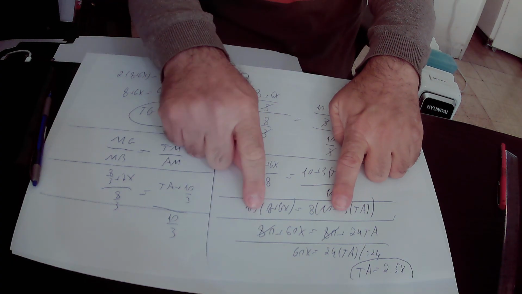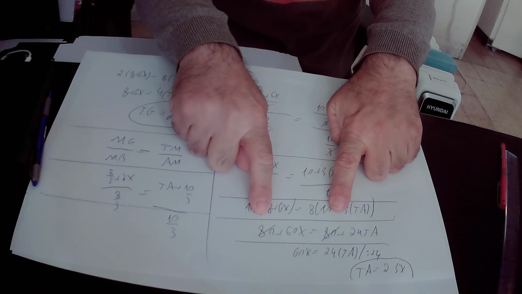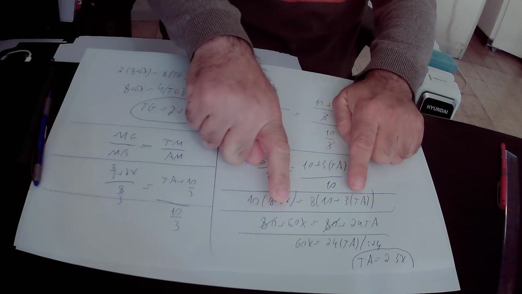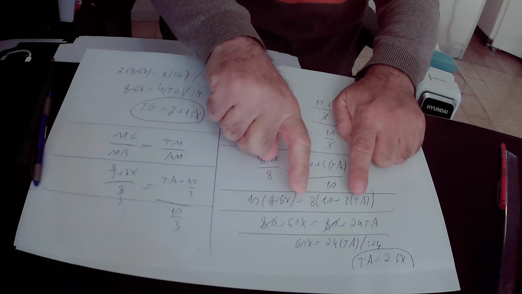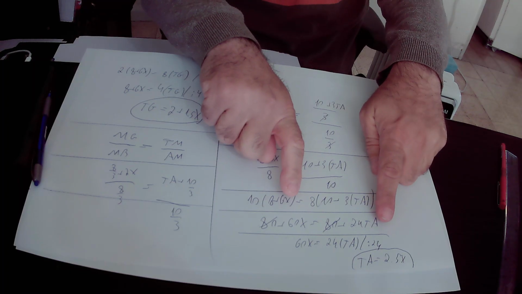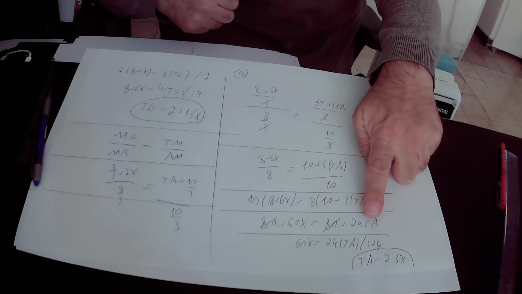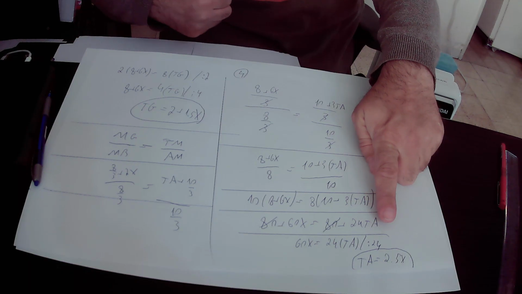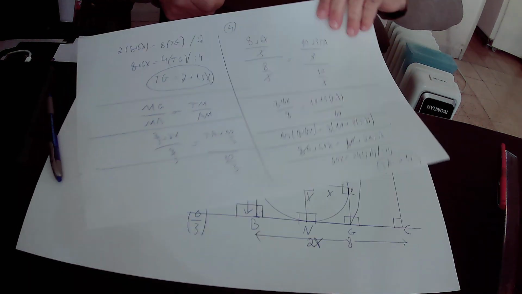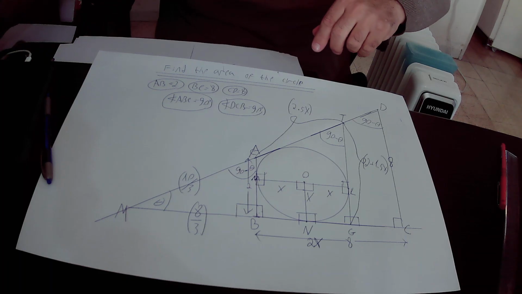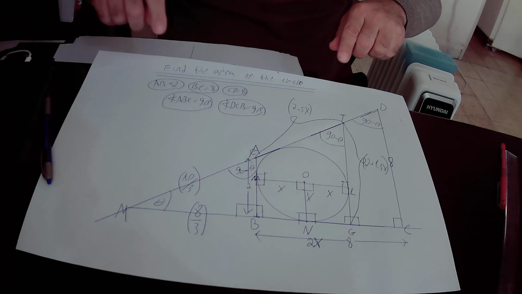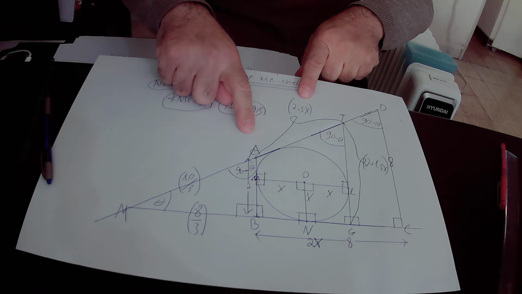We have 80 on both sides of the equation, so 80 gets cancelled, and we're left only with 60x equals 24TA. We divided this equation by 24 and finally found that TA equals 60x over 24, which is 2.5x. So here, this line segment TA equals 2.5x.